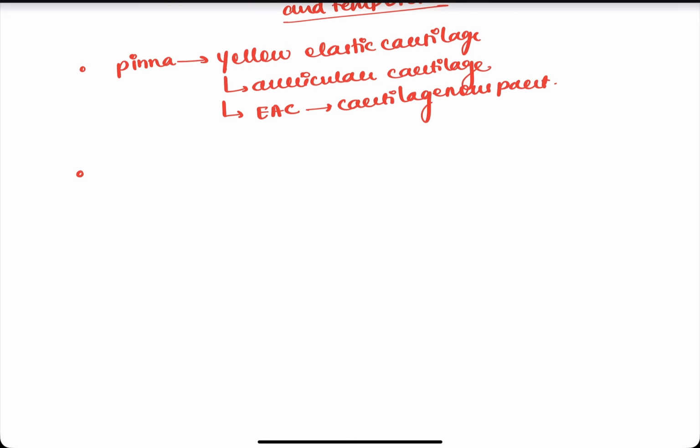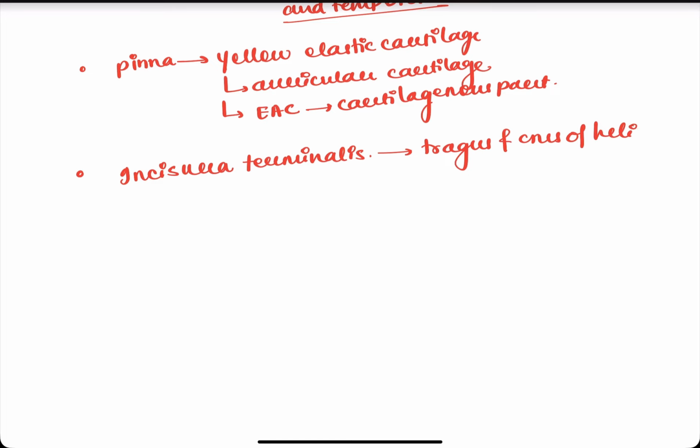Next is the incisura terminalis, which is present between the tragus and the crus of the helix. At this part, no cartilage is present. It is devoid of cartilage.